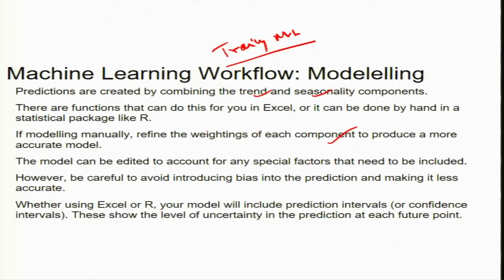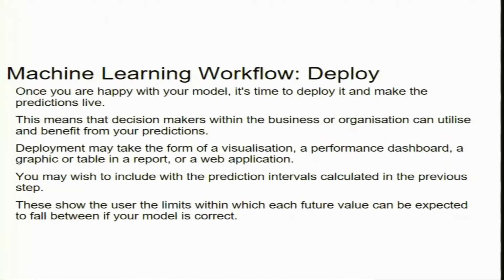We will see different performance metrics later, on how to judge the accuracy of the model. Models can be edited to account for any special factors. However, be careful, as introducing biases into the predictions makes them less accurate. So, we have to be careful while deciding about the model.